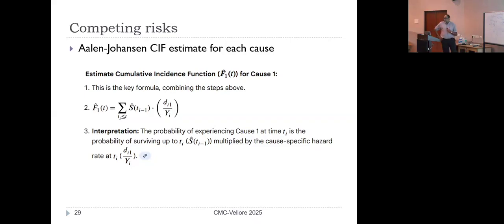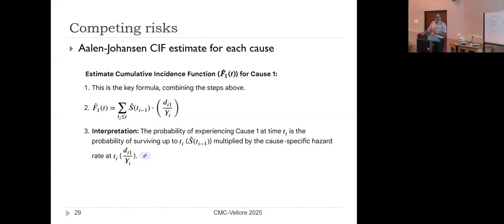So what it's doing essentially is using the cause-specific estimate of the hazard to get the estimate for each particular cause, and you get cause-specific cumulative incidence functions. This is the complication that we have to deal with when we have competing risks.